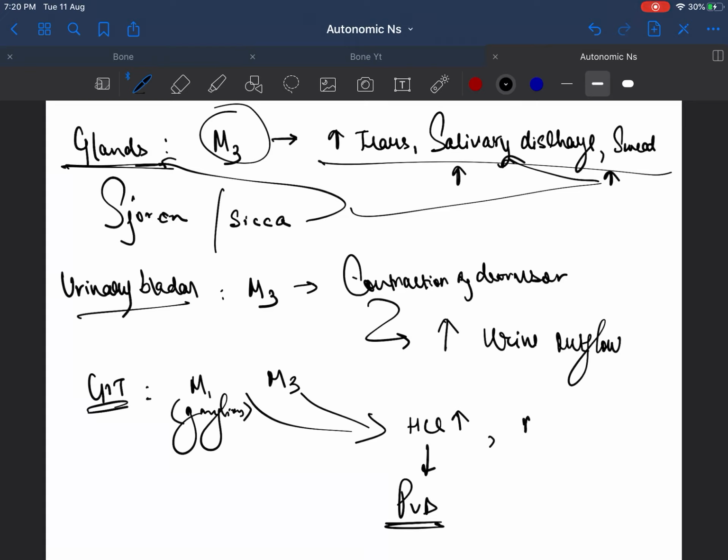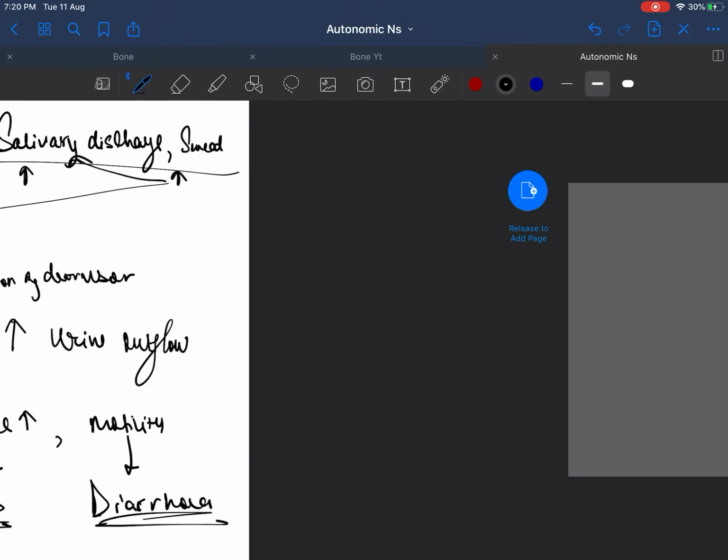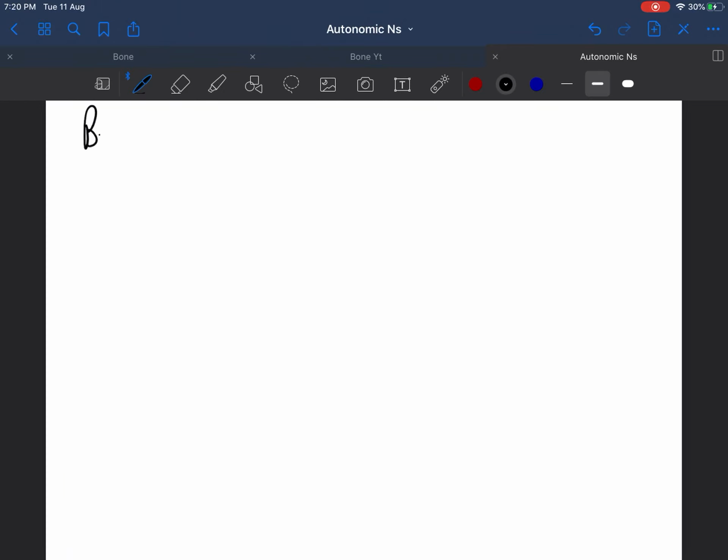They will increase the motility also, which will lead to what? Diarrhea. In excessive dose, obviously. Now coming to the bronchus. Here also we have the M3 receptor, very easy to understand. And what will it do? It will stimulate the muscle, it will contract the muscle, it will lead to bronchoconstriction.